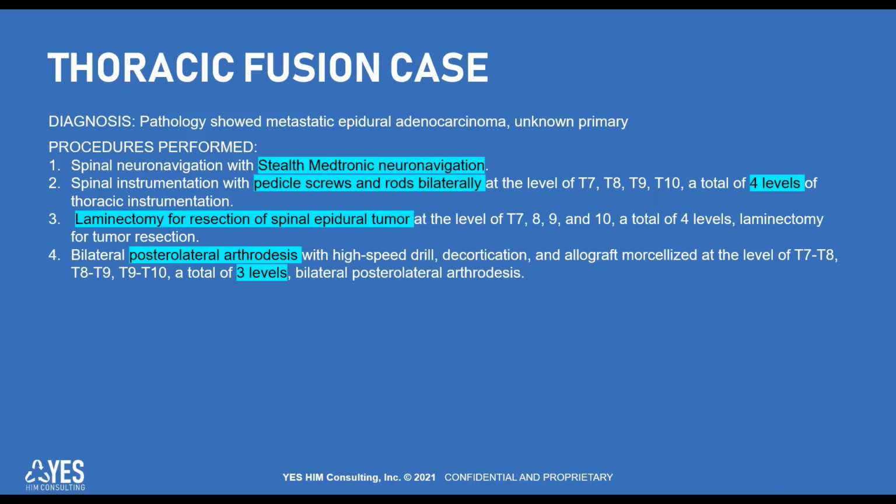There was a laminectomy for resection of the spinal epidural tumor, and that was at T7, 8, 9, and 10. And then there was a bilateral posterior lateral arthrodesis, and that was at 3 levels, T7, 8, T8, 9, and T9, 10.